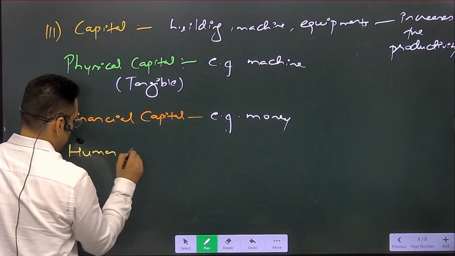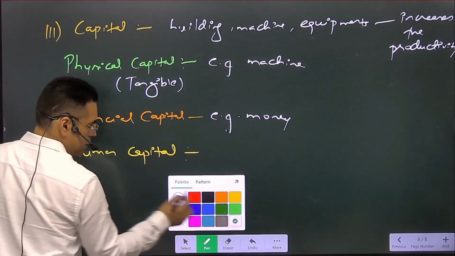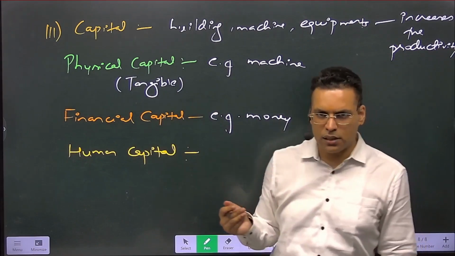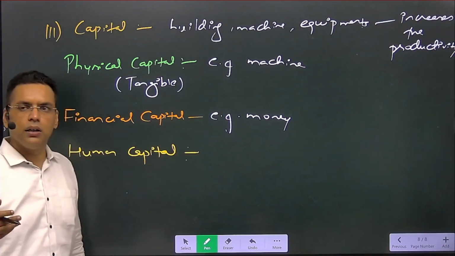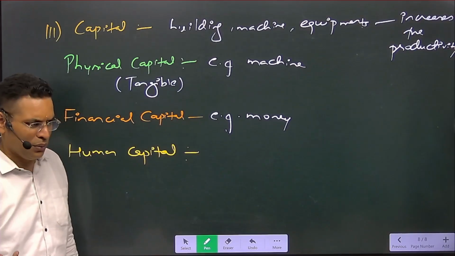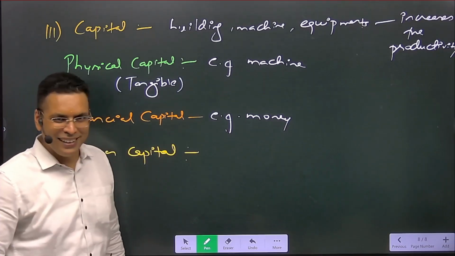So what is human capital? Physical capital is a machine. Similarly, we are considering you as a capital, as humans. So if you are more skilled, more educated, more healthy, you act like a physical capital. One smart person can turn around the company. Am I right?